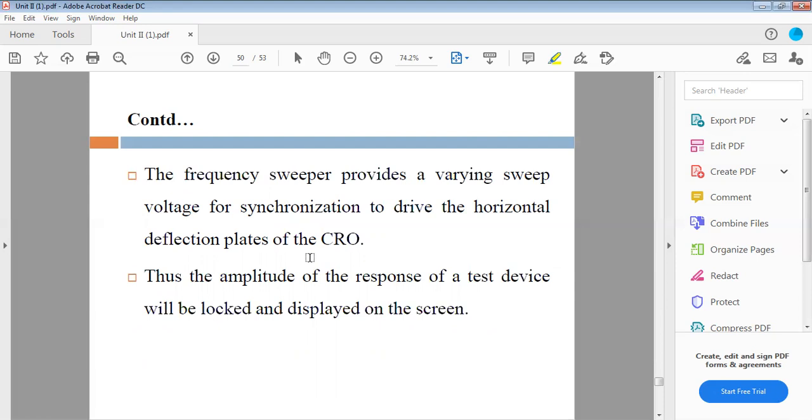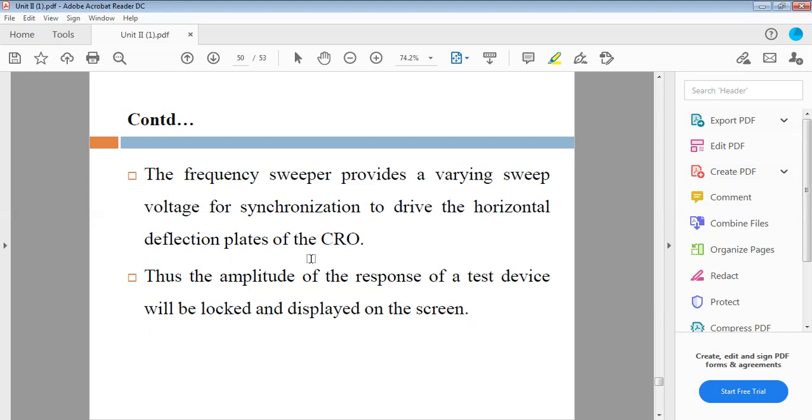In the horizontal deflection plates of the CRO, we are measuring the time period, and on the vertical plates we are representing the amplitude, right? So when the sweep frequency voltage is given to the horizontal deflection plates, we are locking it to the horizontal deflection plates. When we are locking it, we are synchronizing the amplitude to the time period.